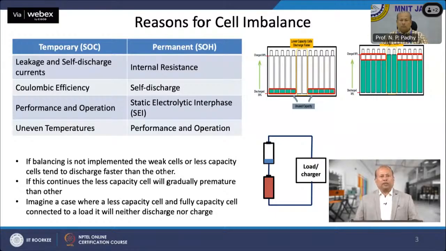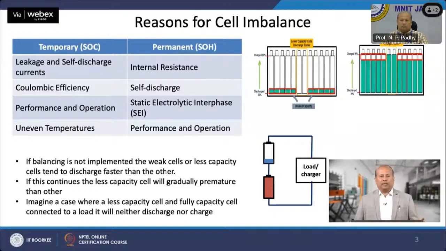The temporary causes of cell imbalance include uneven distribution of leakage and self discharge currents, the difference in Coulombic efficiency, which is a minor imbalance, performance or operation, and uneven temperature distribution.